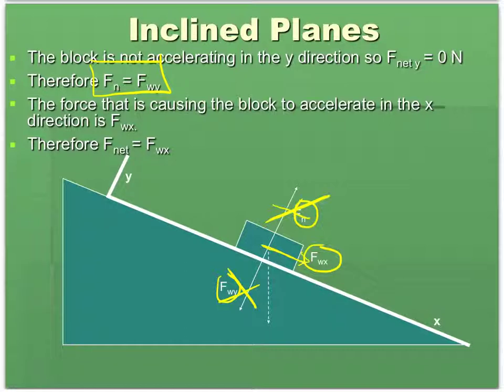Since that's the only force that's acting on the block, we know that that is our net force. And this should make sense because if you go back to what we learned in our last couple lessons, the acceleration of an object is going to be in the direction of the net force. We know that this block is going to accelerate down the ramp, and that is caused by the F net, which is equal to our FWX.